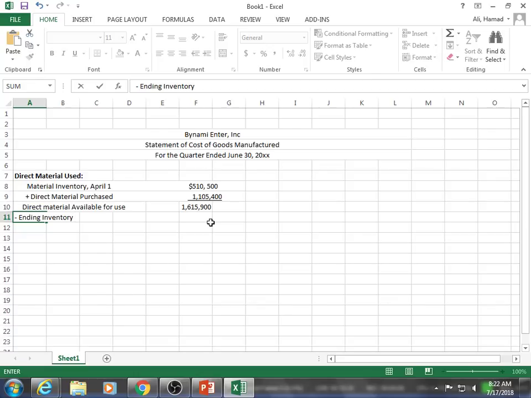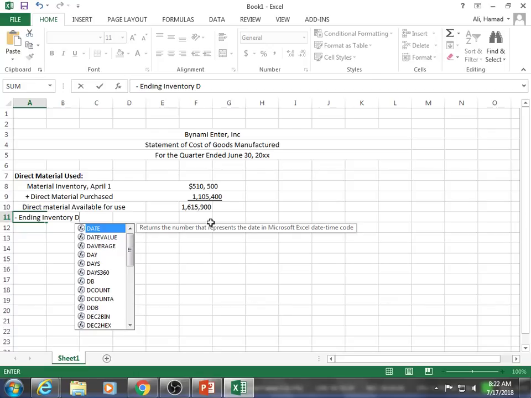Direct material. In this case, which date should be on the list? Make sure you read those two lines. June 30. Those are ending inventories at June 30.